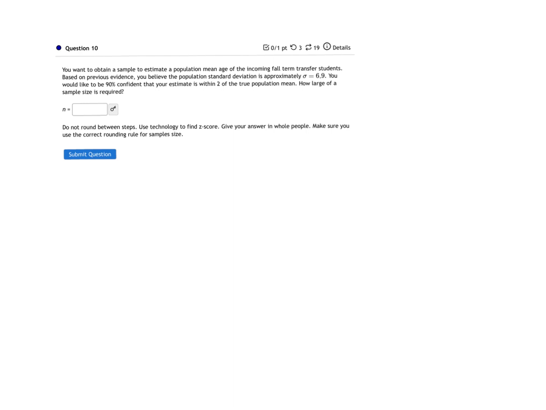Okay, so the first thing we're going to do is remember that when we build a confidence interval, it's this formula, plus or minus our z critical value, because we're for means and we have population standard deviation, times the standard deviation divided by the square root of n. Right? This is your margin of error.